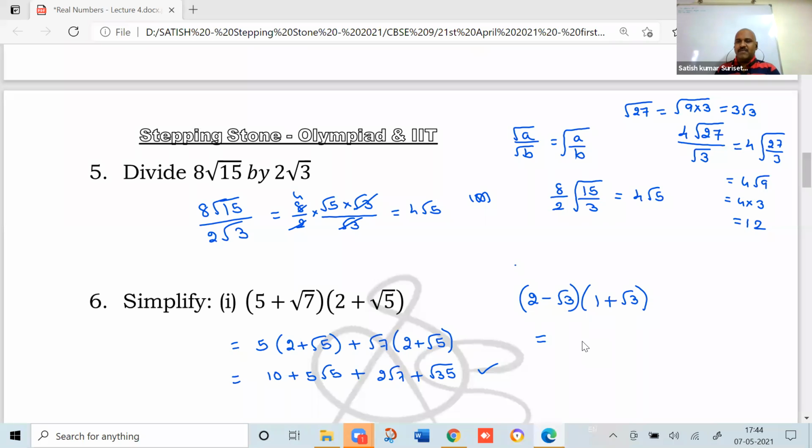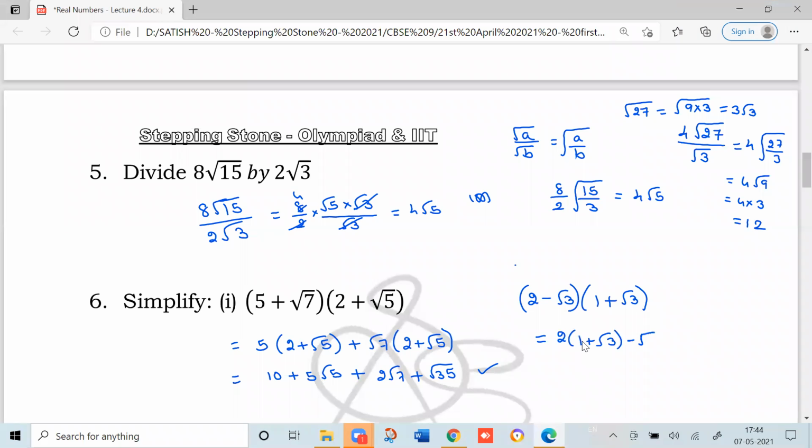Now, tell me what we have done. 2 minus root 3 into 1 plus root 3. So what have you written in the first step? First, I wrote 2 into whole 1 plus root 3 minus root 3 into whole 1 plus root 3. Okay, good. Next step. Next, it will be equal to 2 plus 2 root 3.